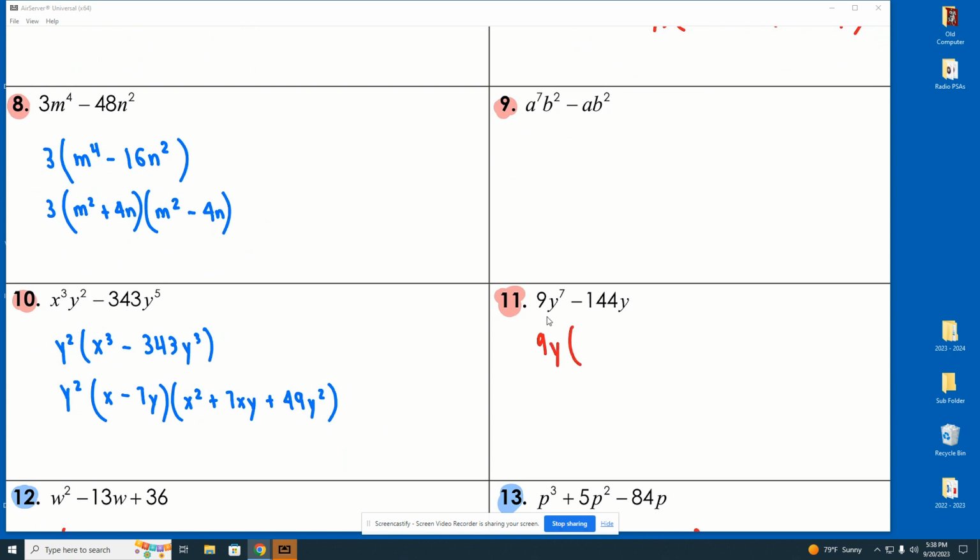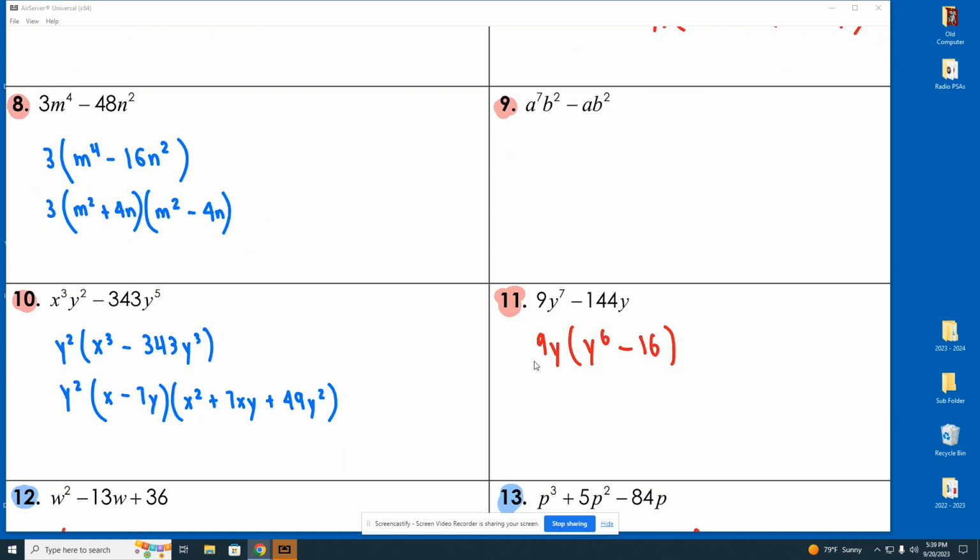So let's do that. 9 divided by 9 is 1. Y to the 7th divided by y is y to the 6th. Negative 144 divided by 9 is negative 16. And then, of course, lastly, y divided by y cancels.